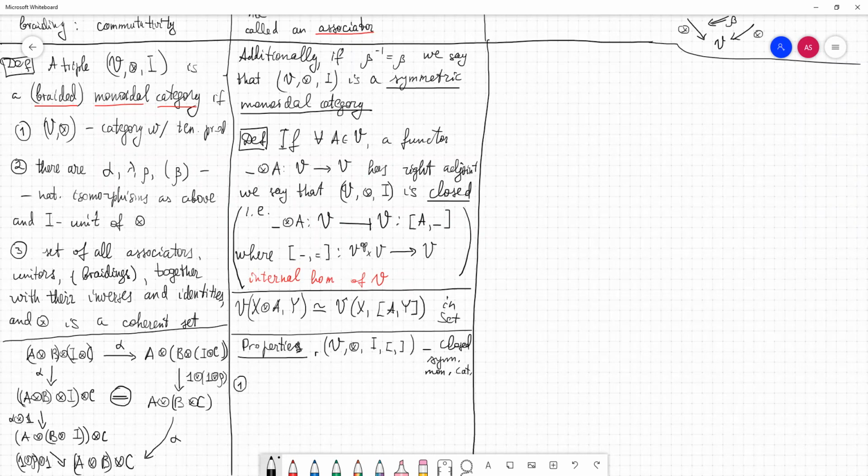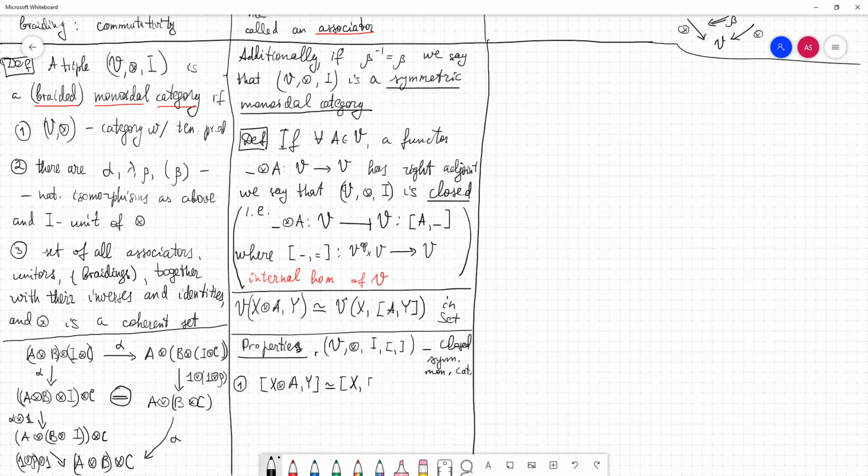First property, that we can substitute in the isomorphism above home in category V by internal home.